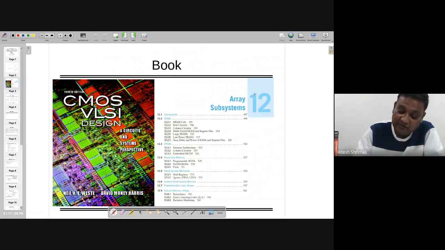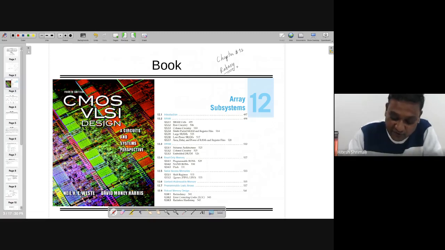By the way, the same chapter number 12 of the Rabaey book is also very nicely written by Rabaey. You can follow that also. But considering the fact that it covers more things in terms of memory organization, they start with memory organization, and then he teaches other things. So I didn't want to go to the memory organization right now.